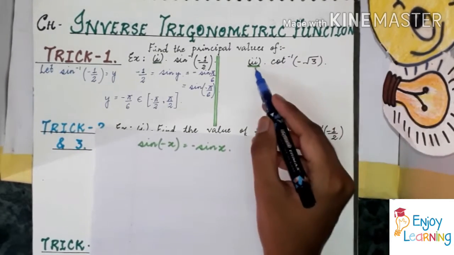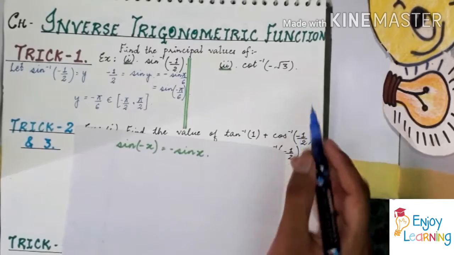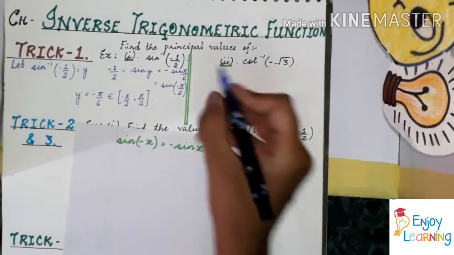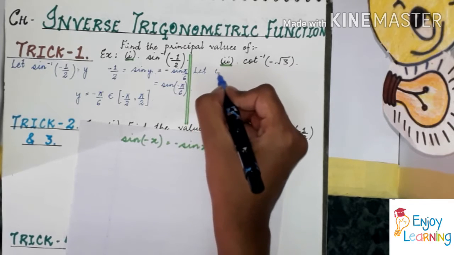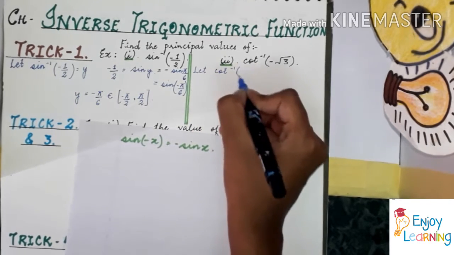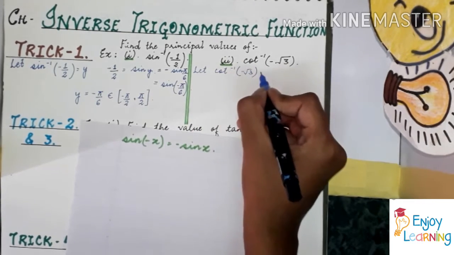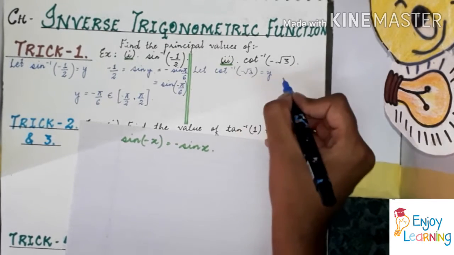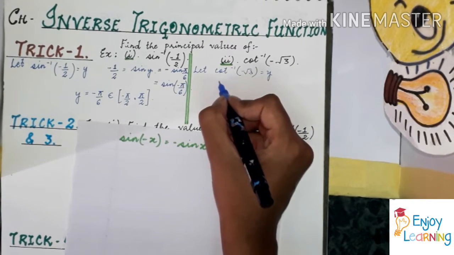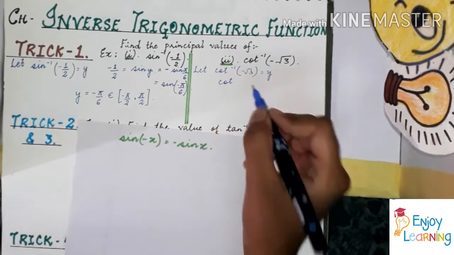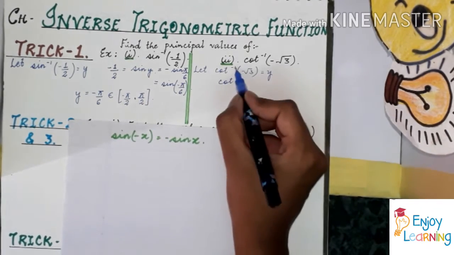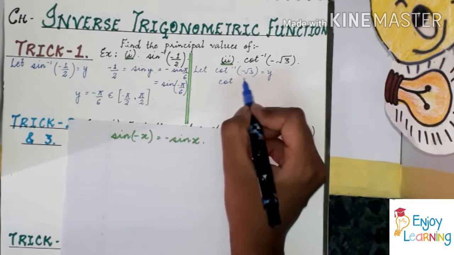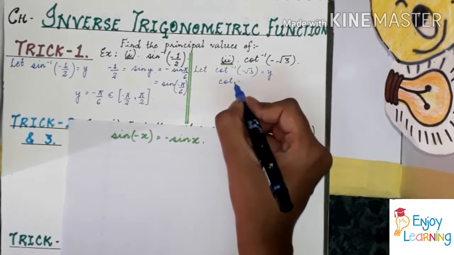Let's see the other example. Cot inverse minus root 3. Same here also. The first step is you have to let the function as y. Then the second step is the cot function. When you take it from LHS to RHS, the inverse sign gets removed and it gets attached to y.